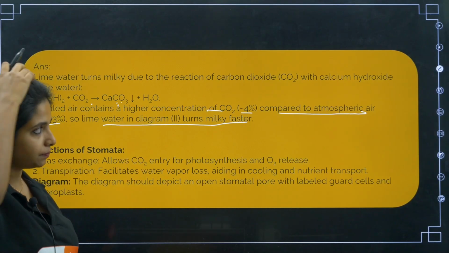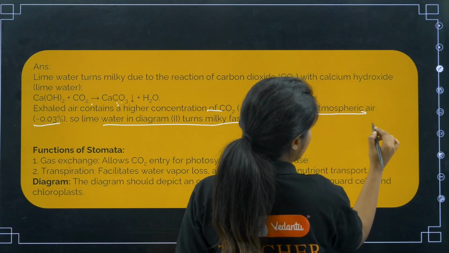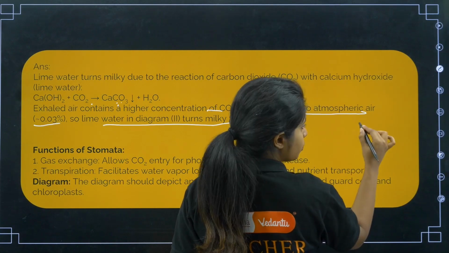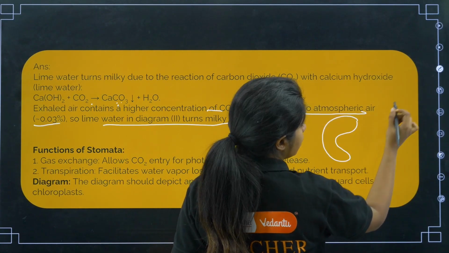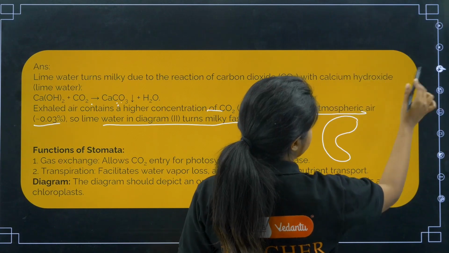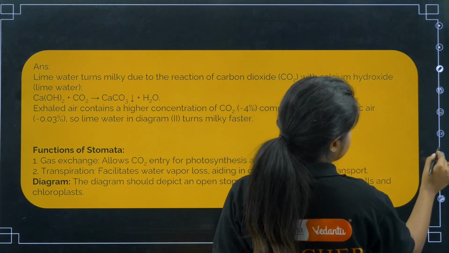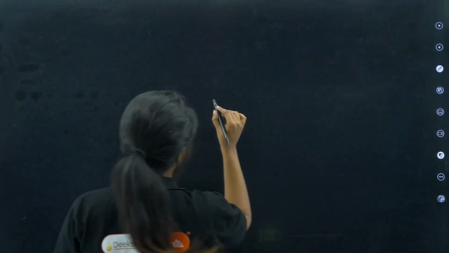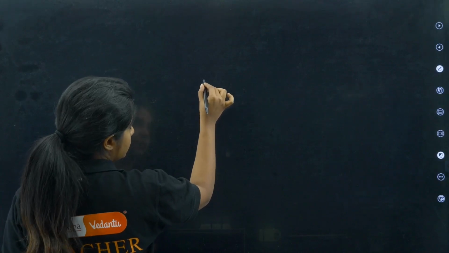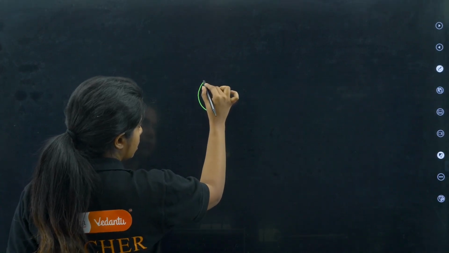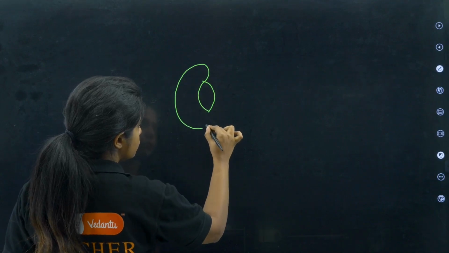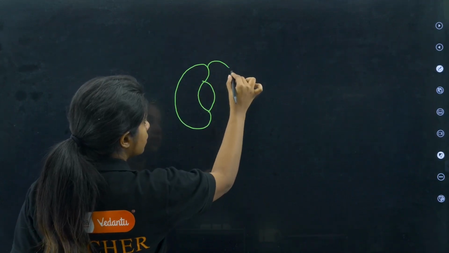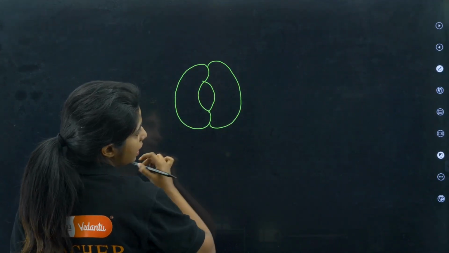Now stomata. The diagram you can draw like this. So it is an open stomata. Wait, I'll draw it in a different slide. The easiest way you can draw is make the opening first and then show the guard cells.